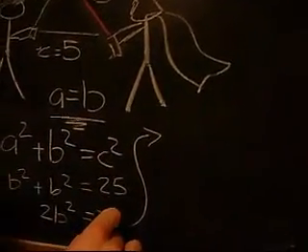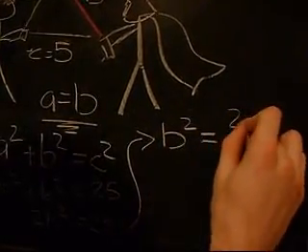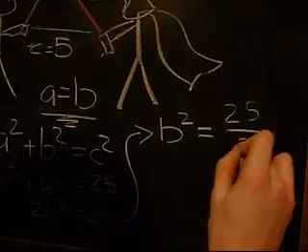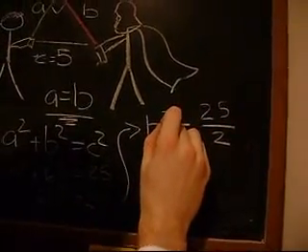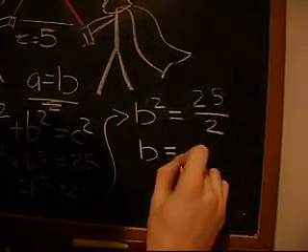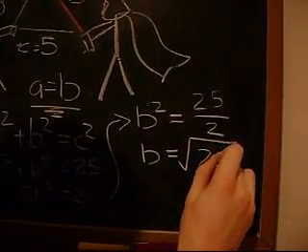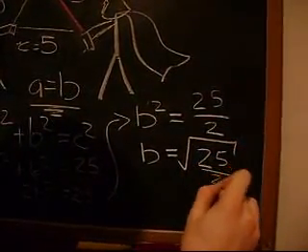We bring the 2 over to the other side, so it becomes B squared is equal to 25 over 2. Bring the square sign over to the other side, so it becomes square root. So B is equal to the square root of 25 over 2.